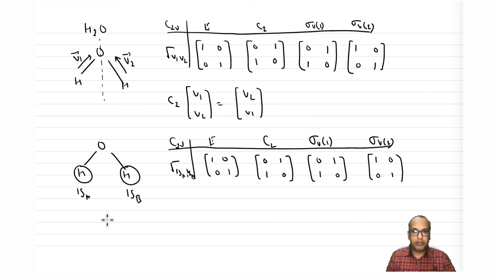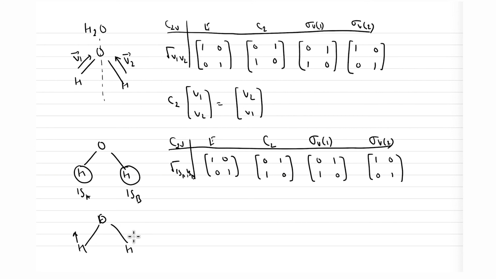Let's write one more representation with the same molecule. But in this case, the vectors are perpendicular to the plane of water. Let's call them vector A and vector B, which are now perpendicular to the plane defined by the water.